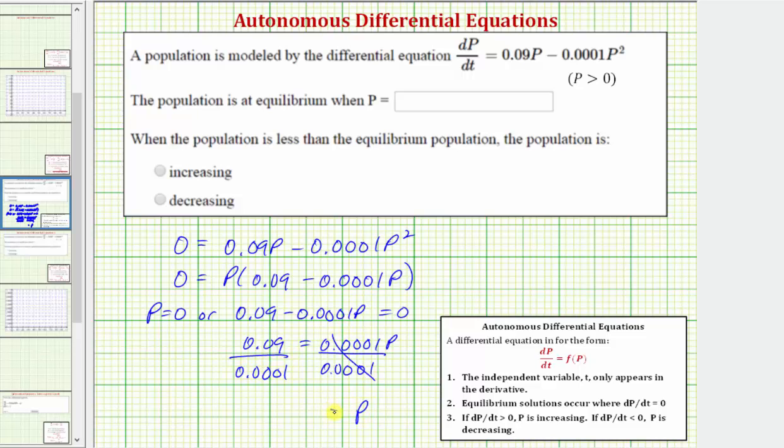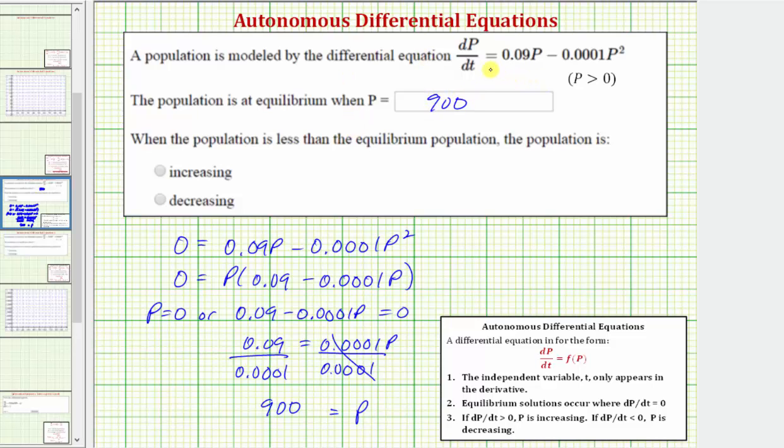Simplifying, we get p equals 0.09 divided by 0.0001, which is equal to 900. So algebraically, the equilibrium solutions are p equals 0 or p equals 900, but because we're told p is greater than 0, the population is at equilibrium at p equals 900.